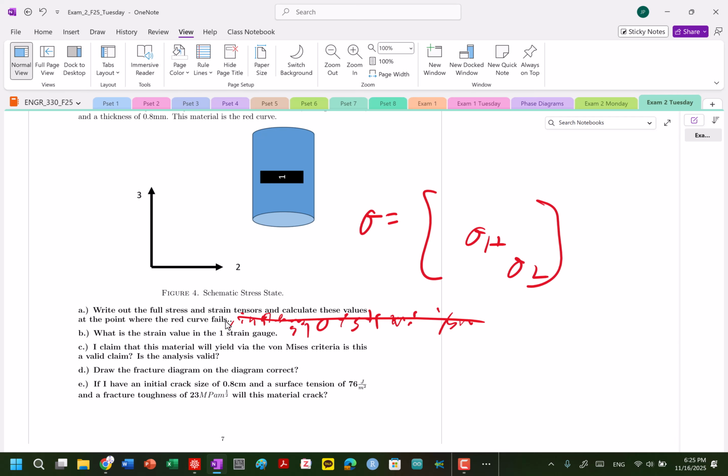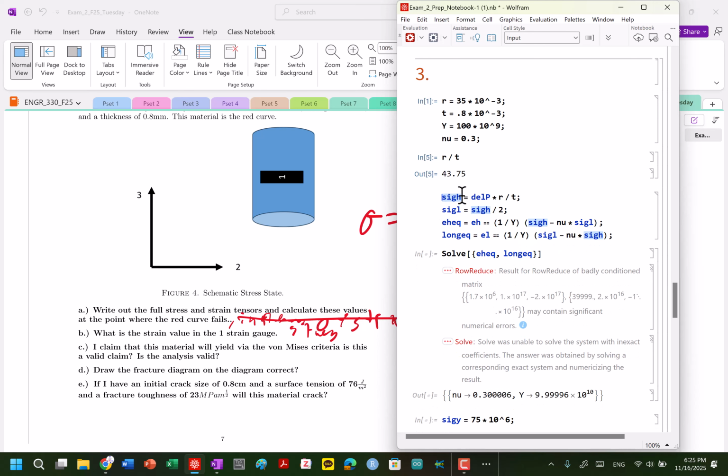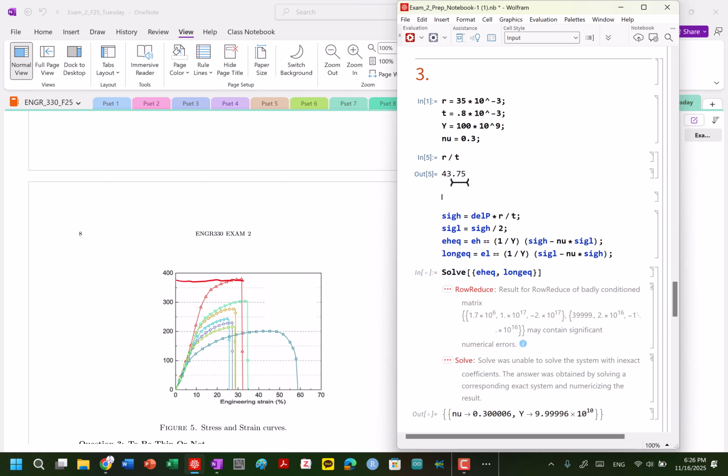Where it fails in terms of stress, not strain. Excellent. So ignore the strain values. So now we actually know our del P. So where is it going to fail? So we basically need to solve that sig H. Let's say 375 times 10 to the 6.